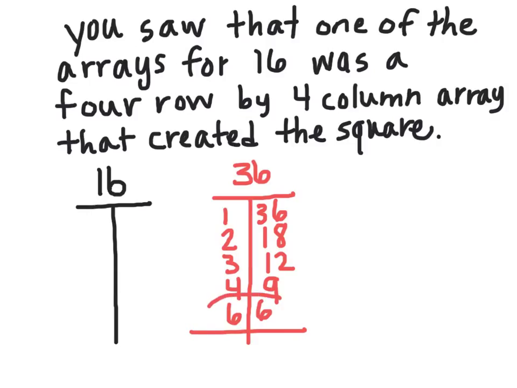So we can stop there. And right there you see that number 36 is a square number because it has the array that can be built out of equal rows and equal columns. So the T-chart is a really good strategy to check numbers in case you are wondering if it is a square number or not.